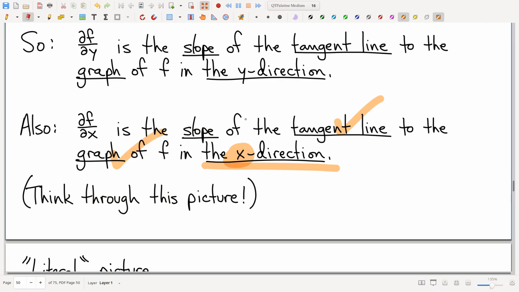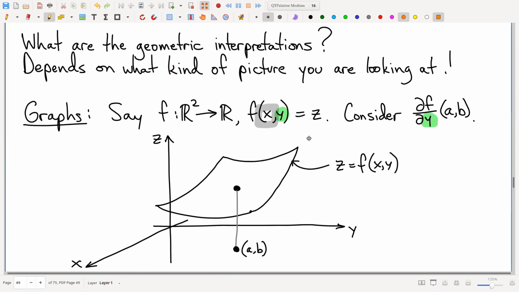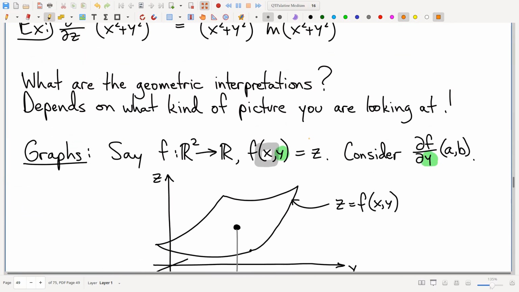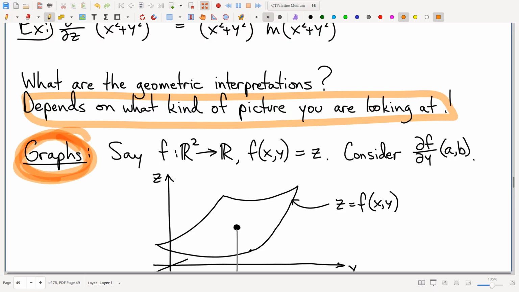Okay. Now, cannot emphasize enough, it depends on what kind of picture you're looking at, right? So yes, this is what a partial derivative looks like if you're looking at a graph. We will not always be looking at graphs. You can't say slope of a tangent line if you're not looking at a graph.